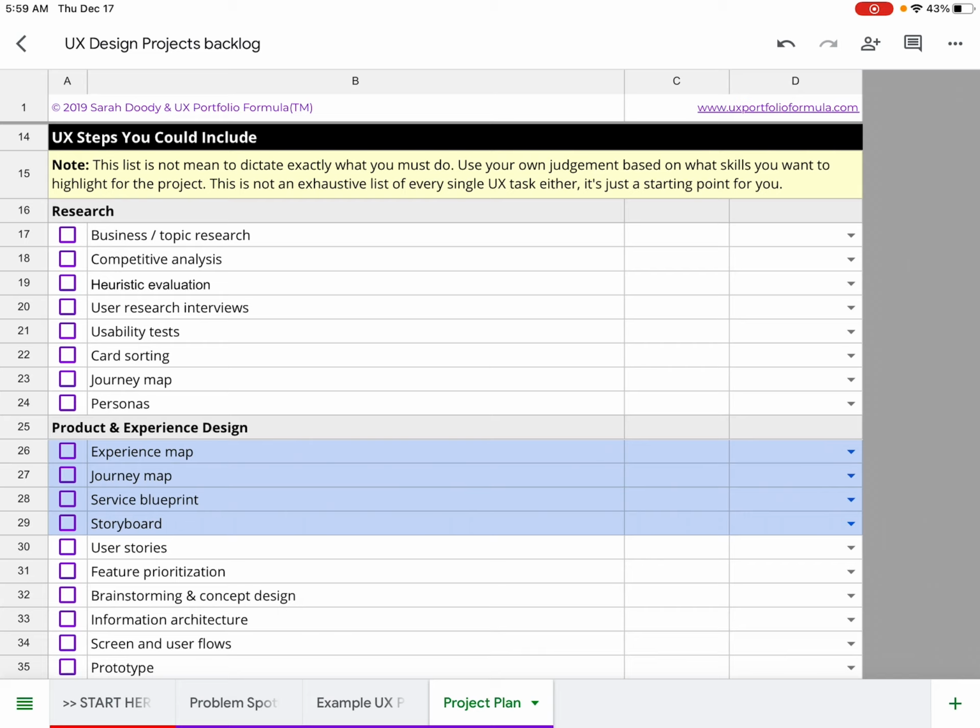Competitive analysis, same thing. These are research projects that you can do that will take some time. You'll want to get organized, but you could actually do these and come up with a product for your portfolio.